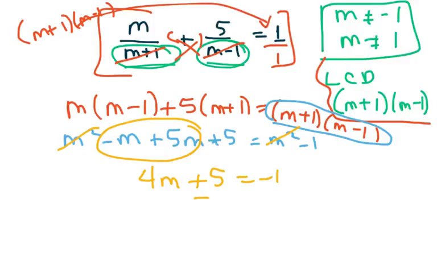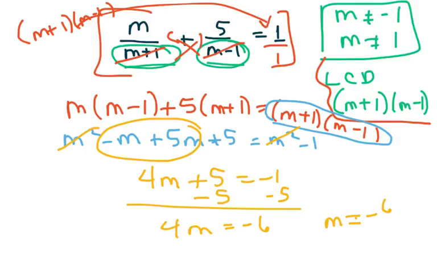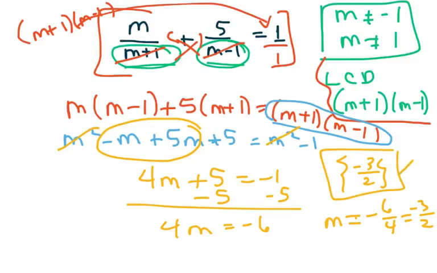I'm going to subtract 5 from both sides. So I get 4m equals -6. So m equals -6 over 4, which equals -3/2. So our solution set is -3/2, which is fine because it is not in our restrictions.